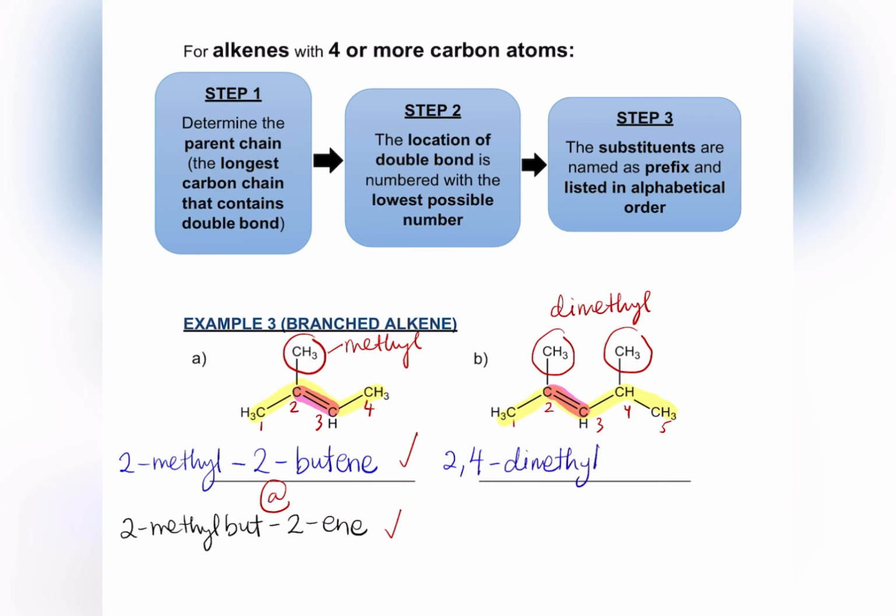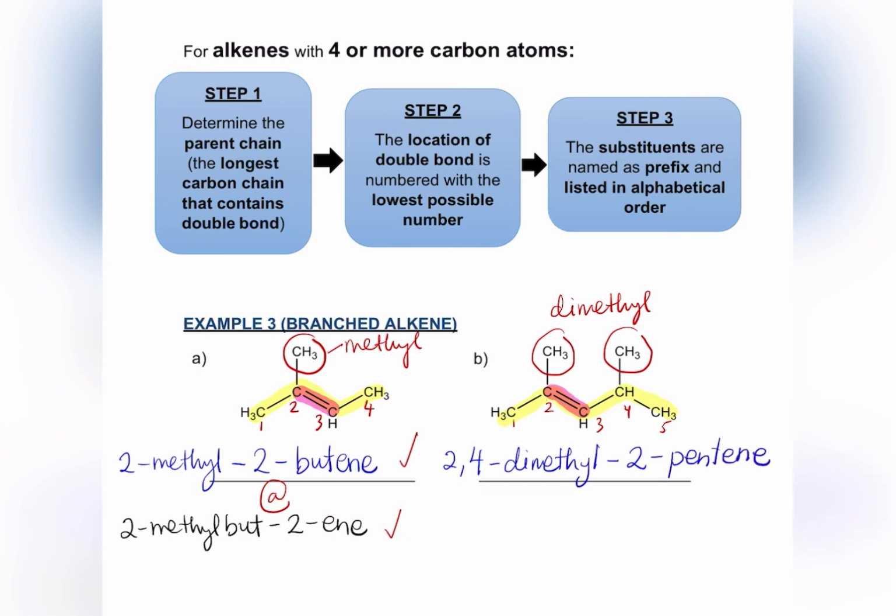After that, I have a 5-carbon chain for alkene, so the name will be pentene. Pentene has the double bond at carbon number 2, so the full name for the parent will be 2-pentene.